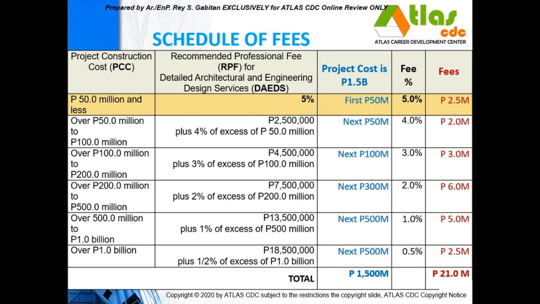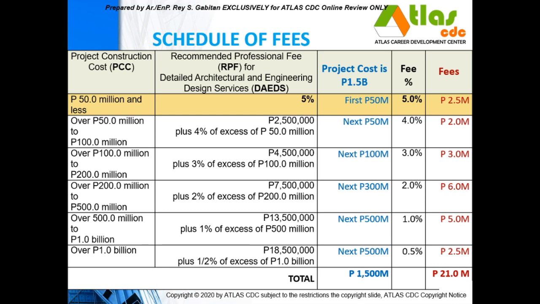You have used the recommended PF for this project at 5%. So 5% of the first 50 million is 2.5 million. Take note that the project cost is 1.5 billion. So yung first 50 million doon sa 1.5 billion, your fee is 2.5 million.